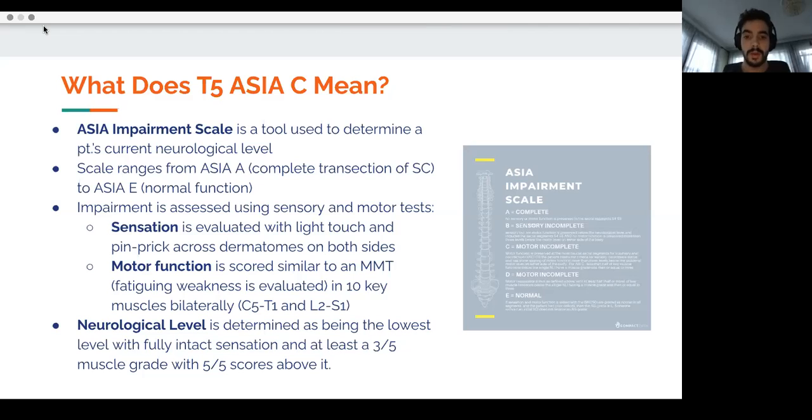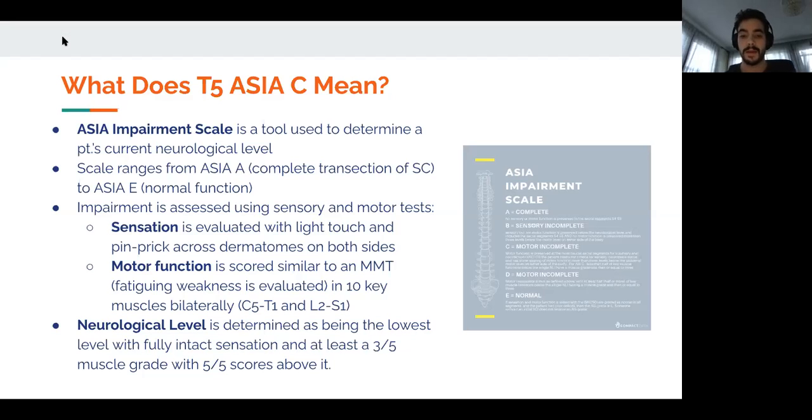Motor function is scored similar to MMT, but we're looking at fatiguing weakness. So we hold a contraction for at least 5 seconds, and we test 10 key muscle groups bilaterally, ranging from C5 to T1 and L2 to S1. Their neurological level is determined as being the lowest level with fully intact sensation and at least a 3 out of 5 muscle grade with 5 out of 5 scores above it.